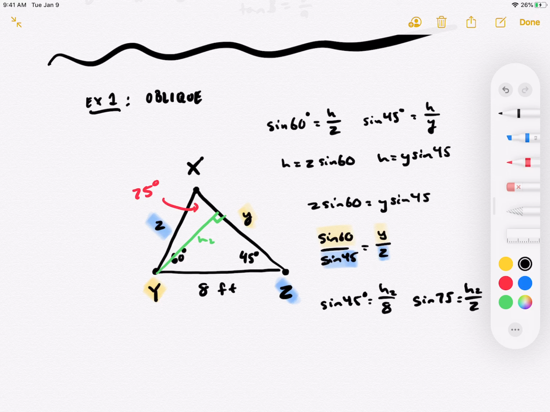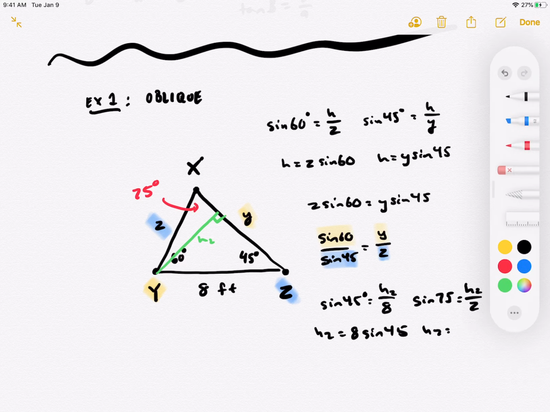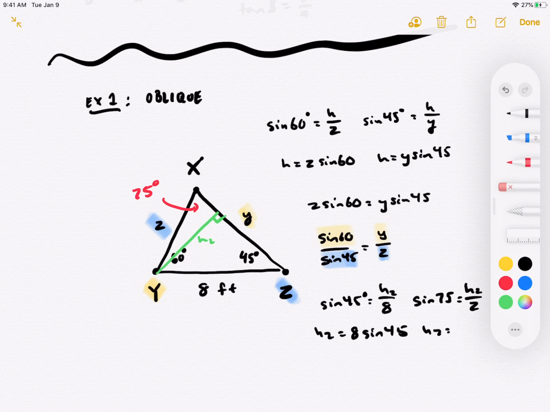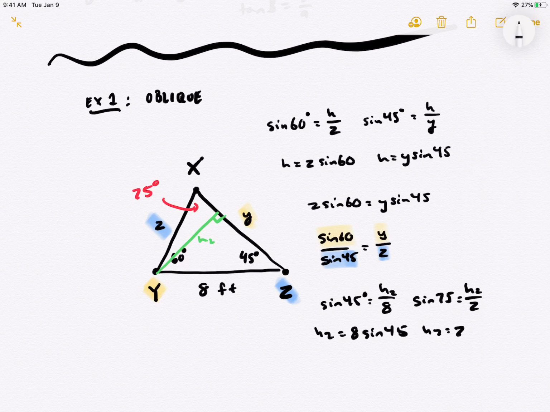So if I follow the exact same thought process that I had before, h2 is 8 sine 45, and h2 is also z sine of 75.